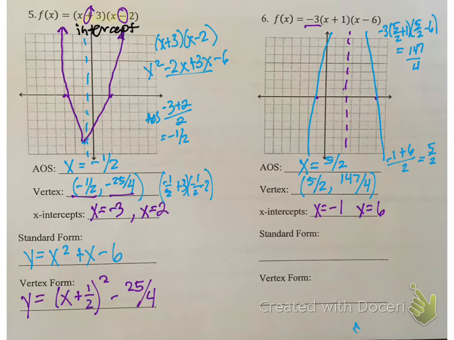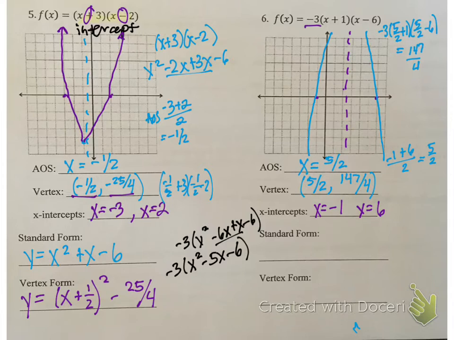If I were to put this in standard form, you are just going to FOIL it, but I'm going to leave the negative 3 till the end. So I'm going to write this as negative 3. Then I'm going to FOIL, so x squared minus 6x plus x minus 6. Then I'm going to combine my two middle terms, so negative 3, x squared minus 5x minus 6.